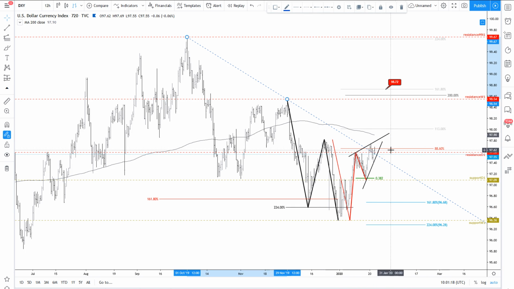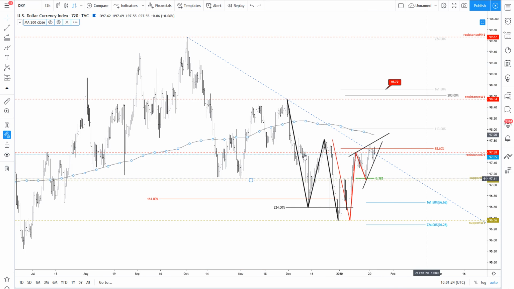We are also approaching the 200 moving average on a 12 hours time frame. As I said before, we are also facing a daily moving average at the highs of this structure.